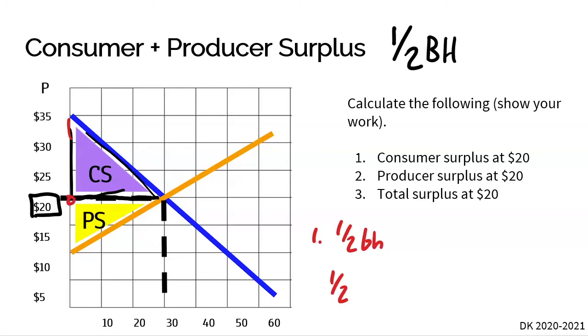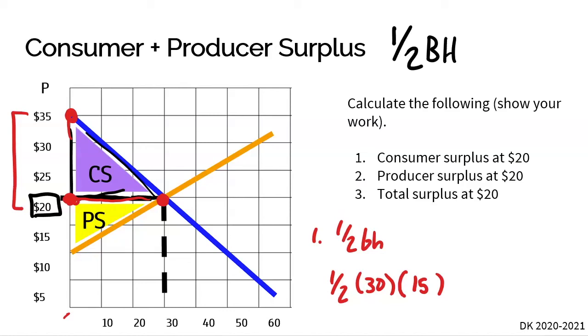Our base is from 0 all the way out to our equilibrium quantity, which is 30. Our height is then $35 to $20. We're not going to go all the way down to 0, because remember, the equilibrium price is at $20 here. So our height is just 35 minus 20, which is $15.